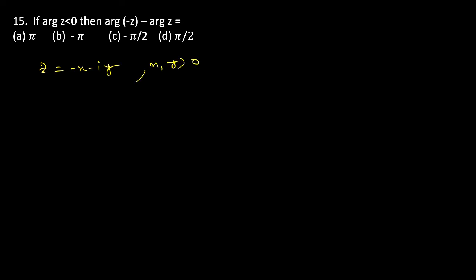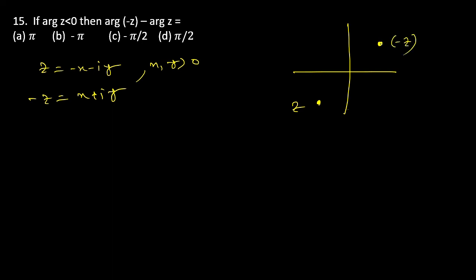Okay. Then minus z will be x plus iy. If we represent it in the complex plane, then z must be here, since z is minus x minus iy, and minus z is x plus iy. So this is minus z, this is z.